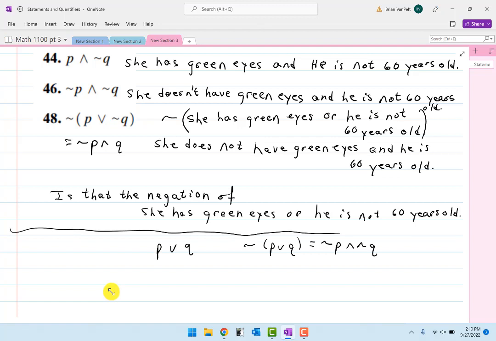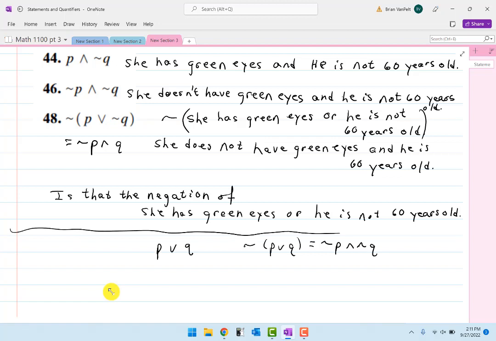So the negation of a statement where one or the other or both are possibly true is the opposite of each one, but now it's changed to an and. So you need to be careful of that. I believe this is referred to as one of De Morgan's laws. I don't care about the name of it, just so that you know how to use it.